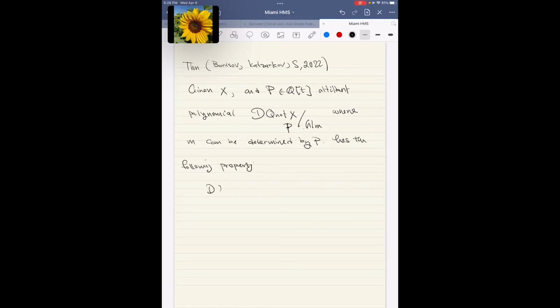The derived quot stack of quotient sheaves with Hilbert polynomial P, modded out by GL_M, has a map to the mapping stack of perfect complexes on X. And this map is formally étale.